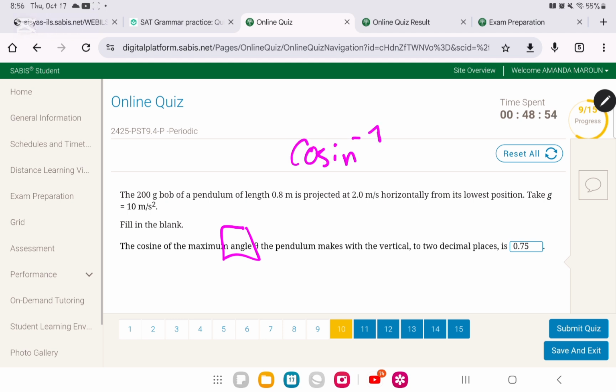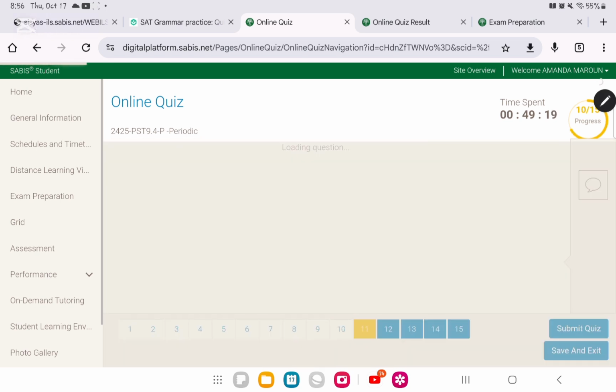So shift cosine, then you put 0.75, and you will get approximately 41 degrees. This is the maximum angle that the pendulum can make with the vertical. Okay? Now, question number 11.